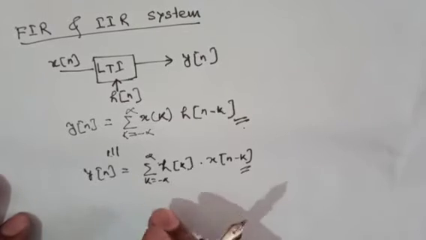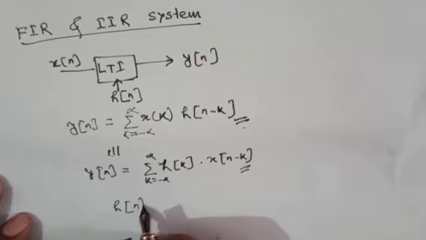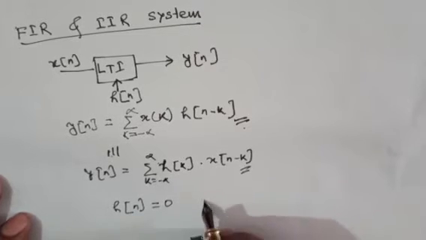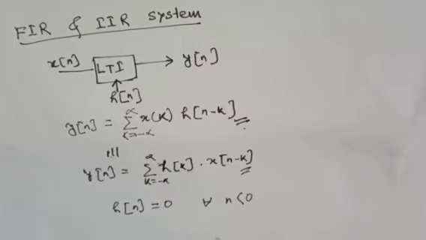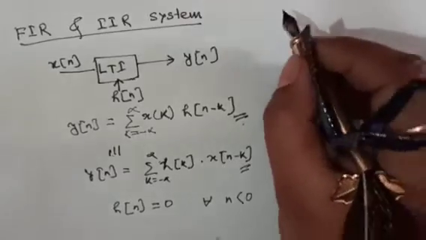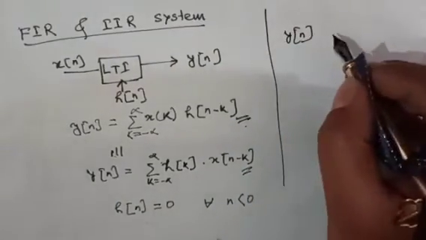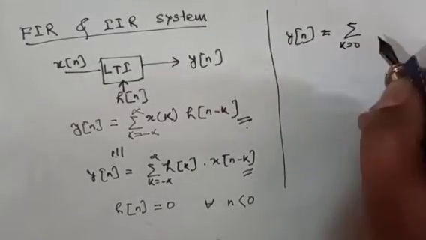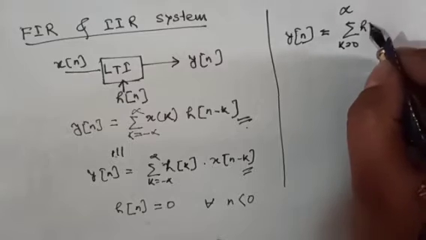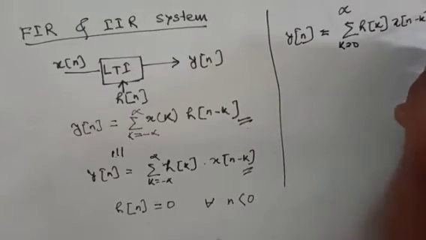The causality condition is that h of n must be 0 for all n less than 0. That means practically this equation will be like this: since h of n is 0 for negative n, it will be the sum over k from 0 to infinity of h of k into x of n minus k.